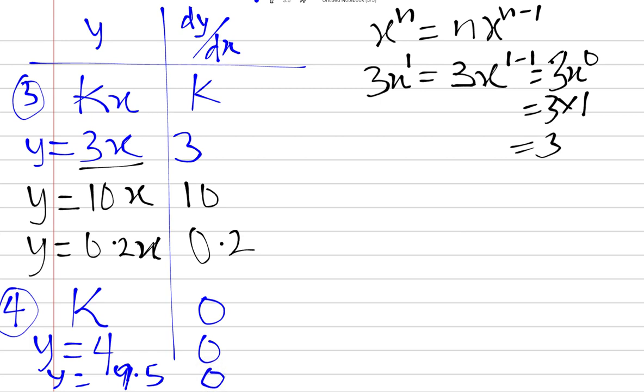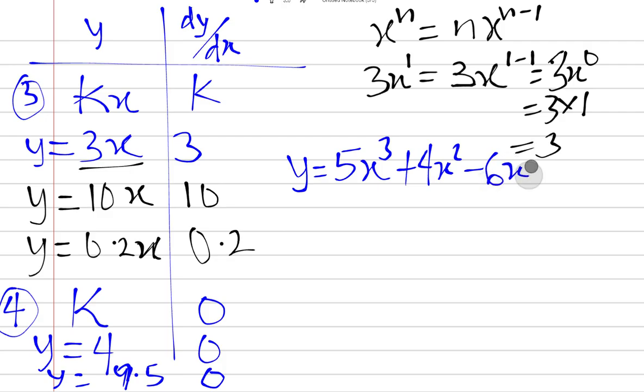All right, so now let's see a general example. Now that we've already seen about 4 rules, what was the general example there? Let's say I have something like y equal to 5x raised to power 3 plus 4x squared minus 6x plus 10.